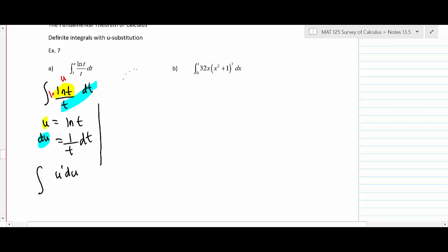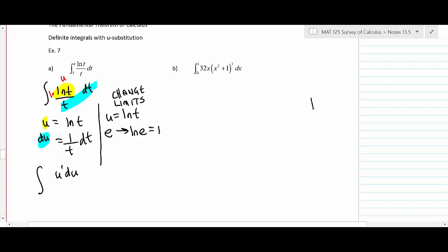Now what we're going to do that's different is we're going to change the limits. You want to learn how to do this. Instead of plugging the 1 and e in, you don't do that because you changed the variable. What you do is you take your u substitution, which is ln t, and you start with the upper limit, which is e, and plug it in, so you have ln of e. ln of e is equal to 1.